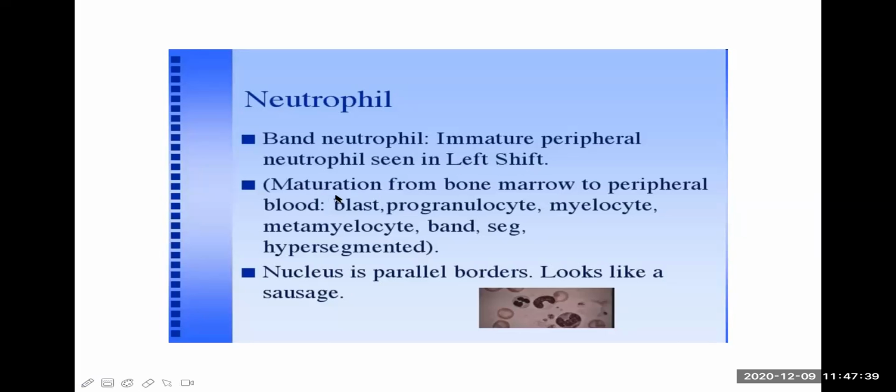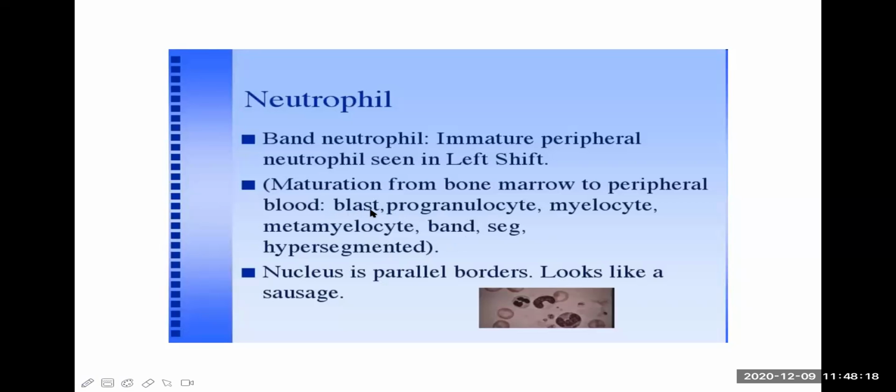These are the different stages of neutrophil maturation. In the beginning, they are called blast cells, then progranulocyte, myelocyte, metamyelocyte, band cell, segmented neutrophil, and in some diseases, they even become hypersegmented. In some hematological malignancy, especially the acute type of leukemia, these blast cells are very, very high in number.